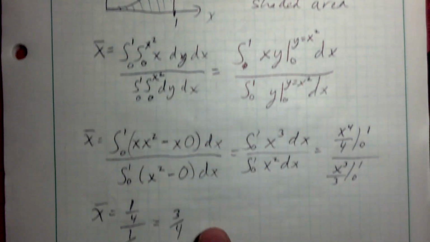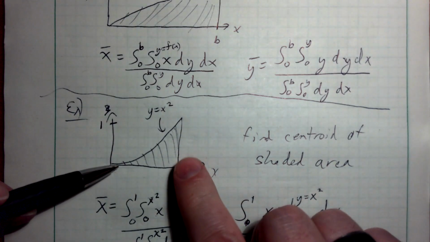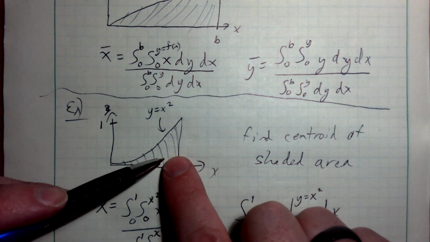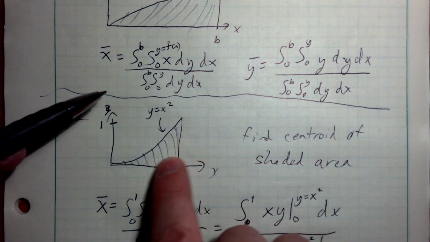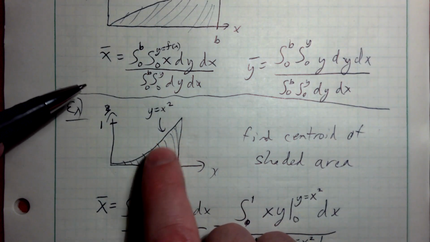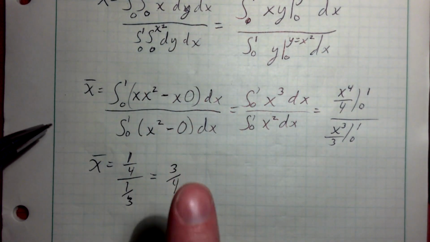That means I found x bar, the x location of this centroid, is going to be 3/4 of the way between 0 and 1 here on the x-axis, in here somewhere, which makes sense. This is the thickest part of it. This is where the most mass is located. This is most likely where the center of mass is going to be, somewhere in this thickest part of it. So with the x location, we've just found it to be 3/4.